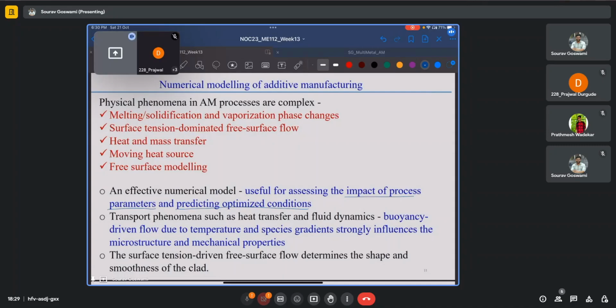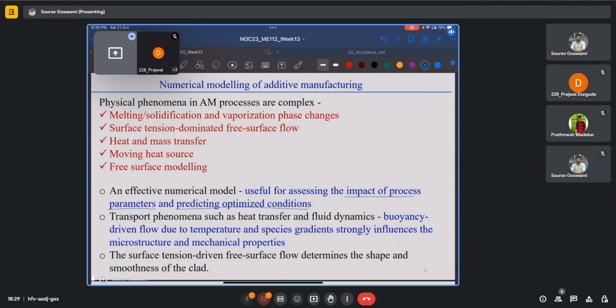Then there are the transport phenomena, such as the heat transfer and the fluid dynamics, the buoyancy-driven flow, the Marangoni convection, and the flow due to temperature and species gradients, which will in turn affect the mechanical and microstructural properties. So any model which hopes to predict the mechanical properties of the finished parts must take these phenomena into account and should model them.